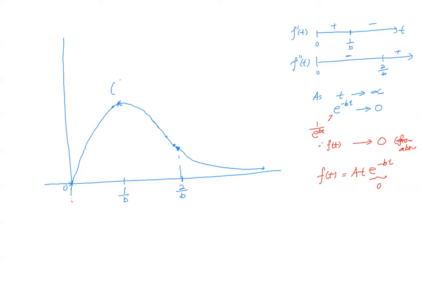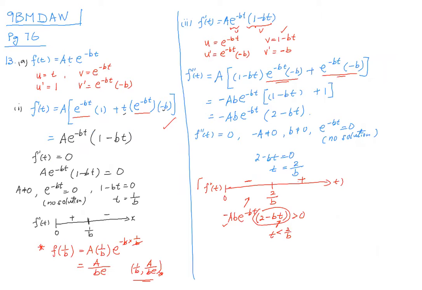You have to write down 1 over b and the coordinates. Everyone, in your notes for SAT2, you should have information about this surge function. The maximum value is from here, a over be.